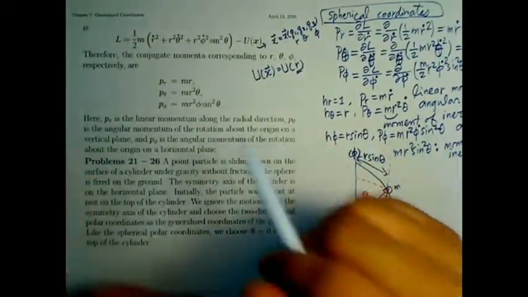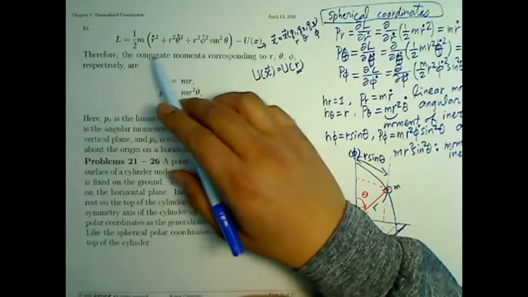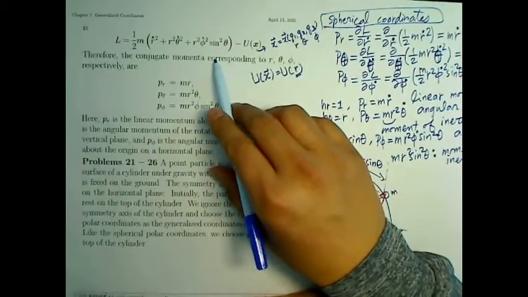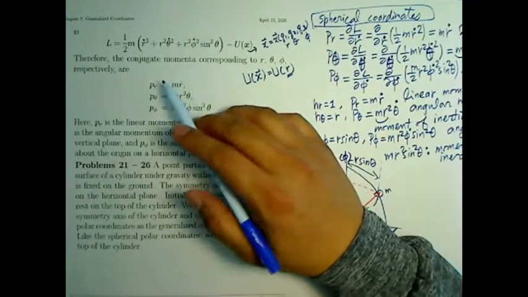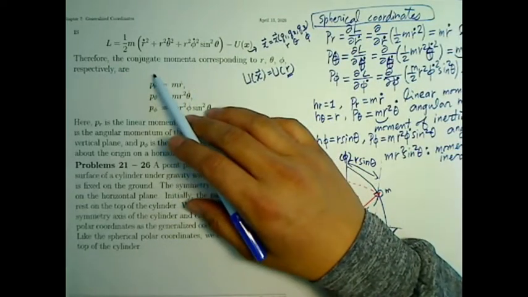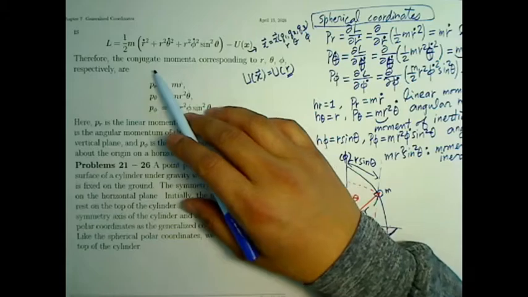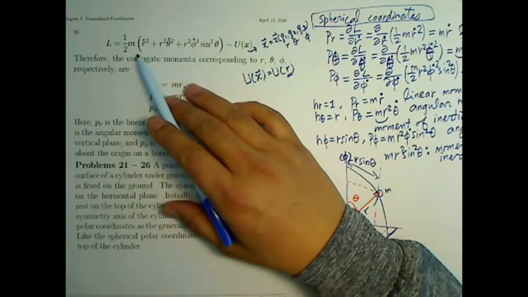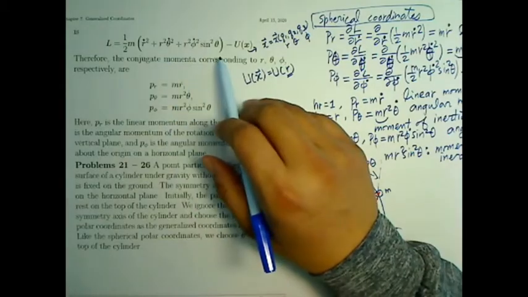Now, let us consider the case of the Lagrangian described in the spherical polar coordinate system. In the spherical polar coordinate system, the kinetic energy is written in this form, 1/2 m times the velocity squared.